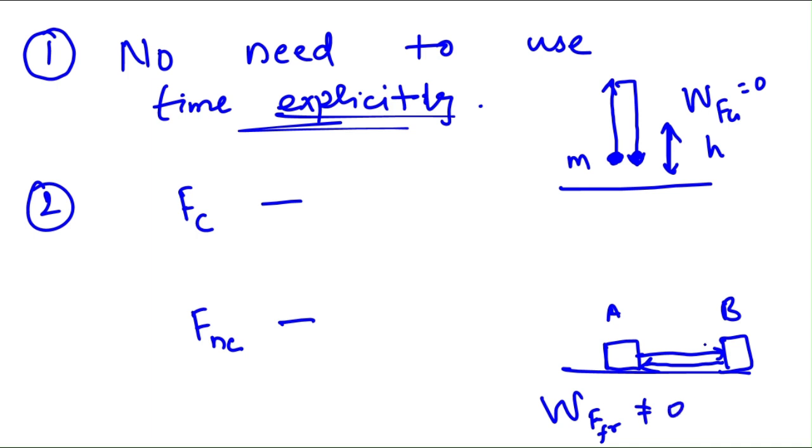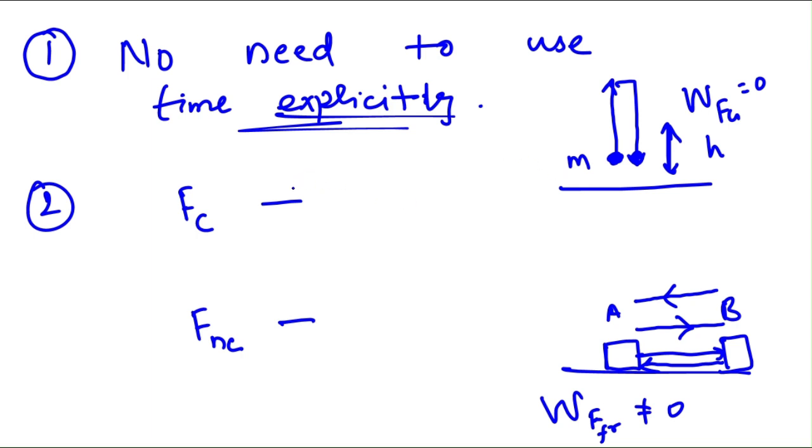So this is not 0. This is going to add up. From here to here, friction force has done some work, and in the same way, from here to here, the friction force is doing some work, and this is going to add up to give the total work done. So this way, non-conservative forces are not ones that work path independent.